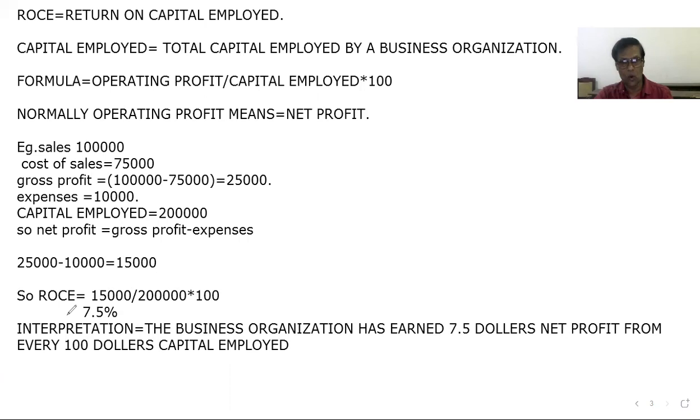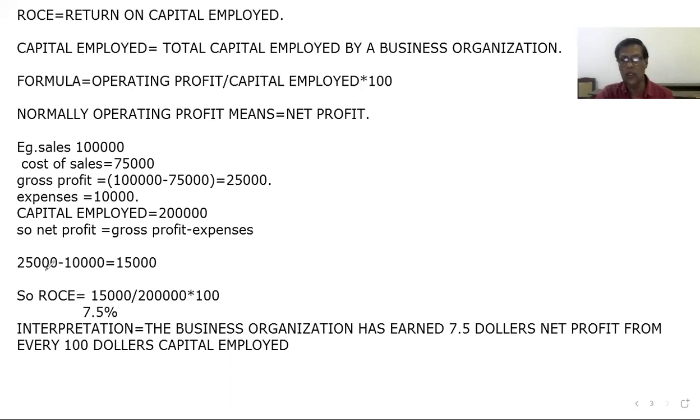So if the owner is not satisfied, he can close down the business organization and go home and sleep. Because if he thinks that investing his money in the bank is more profitable, he can close down the business. 7.5 is not enough. If the bank is giving $10 for every $100 invested, it is better to invest in the bank than in this business, because the owner is getting only $7.5 from this business organization.